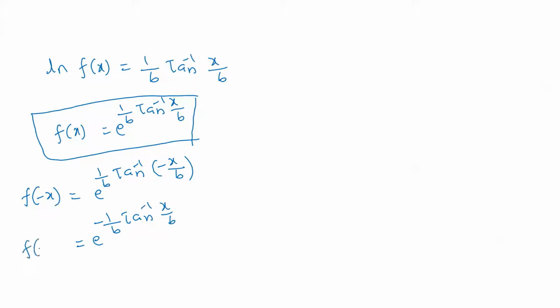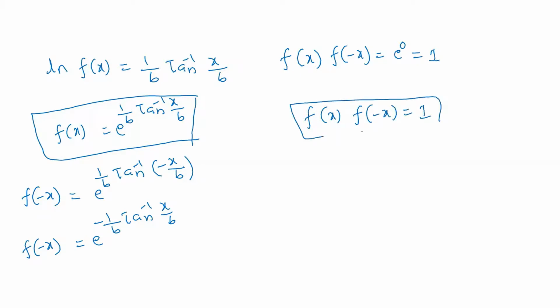Here we can clearly see, if you multiply f(x) with f(-x), we get e raised to 0, which is 1. So this is one property that we got here: f(x) into f(-x) is equal to 1.